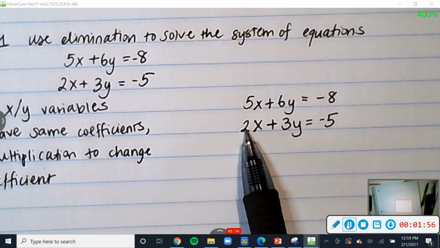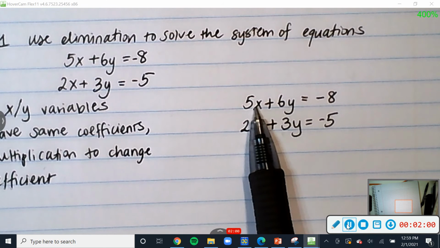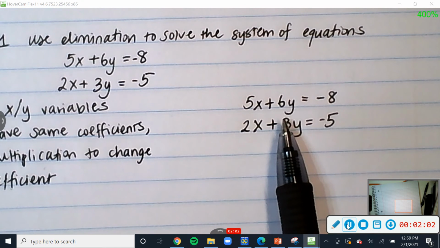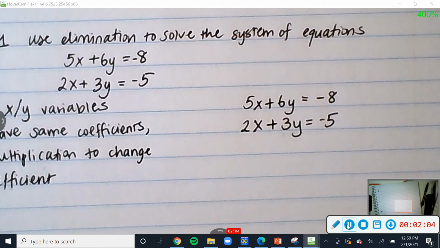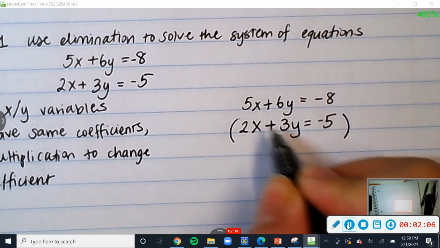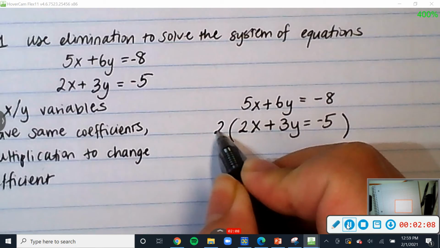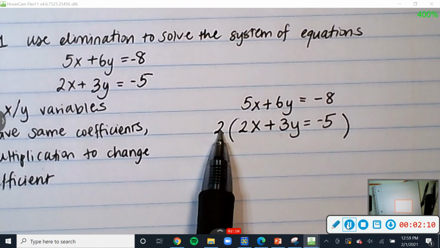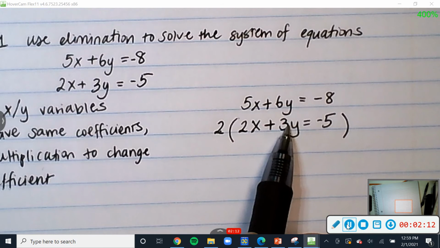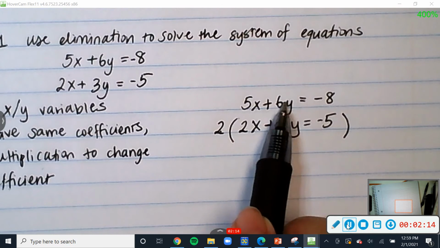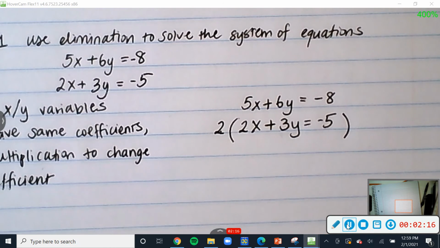I can't multiply anything times 2 to get it to match 5. So for this equation, there's only one thing that I can do, and that is to multiply my equation times 2. Because like I said, if I multiply 2 times the 3y, I will then have matching coefficients.